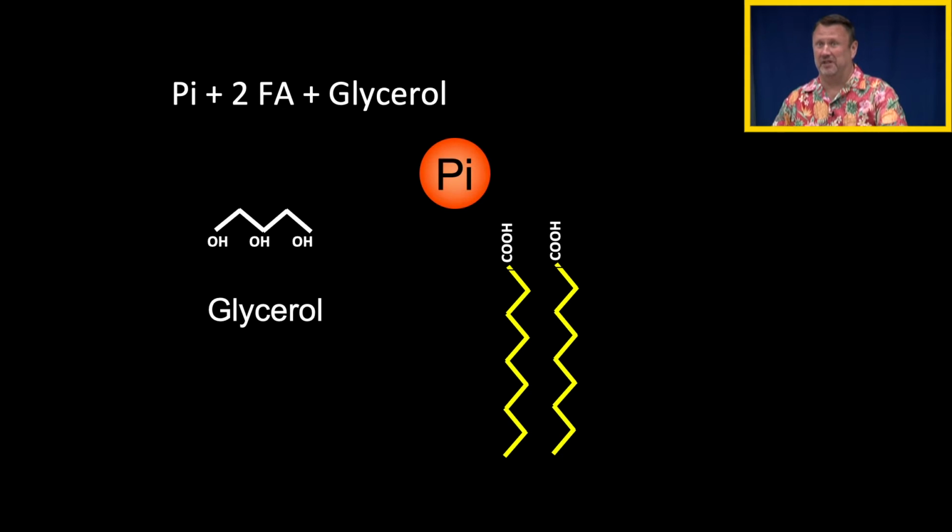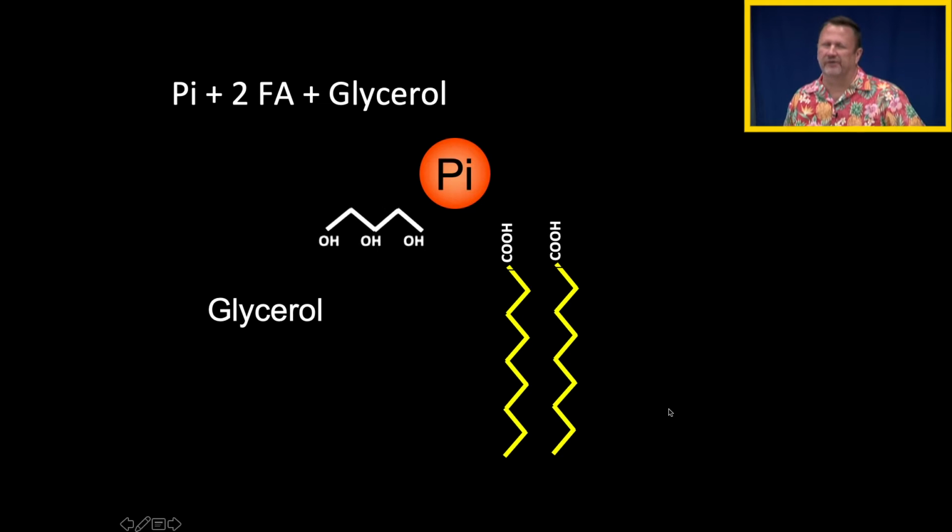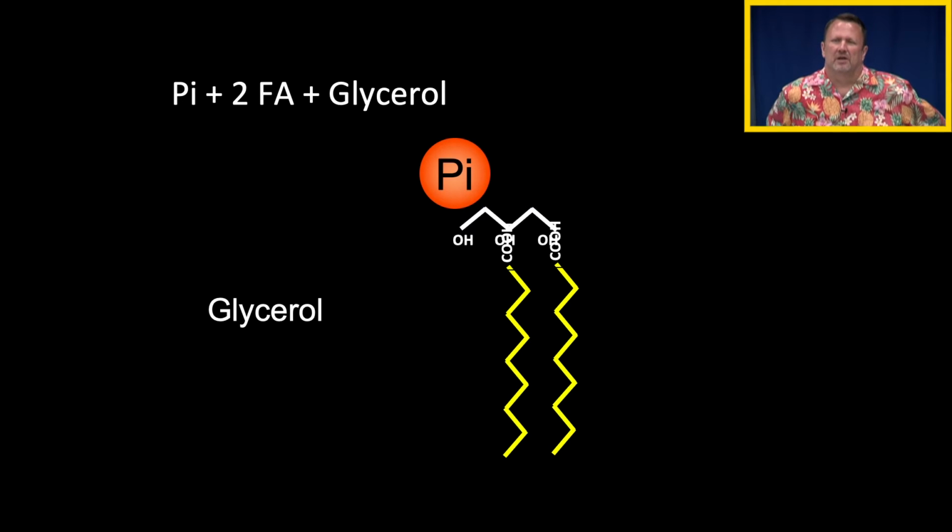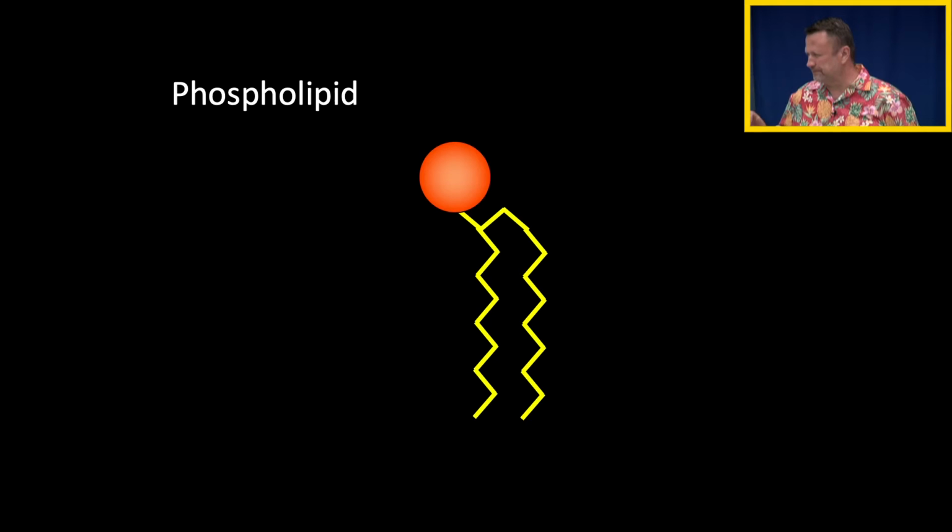So triglycerides are very similar to phospholipids, except instead of having 3 fats, a phospholipid just has 2 fats and then the phosphate on the end of it. All right, so here we've made a phospholipid. And so on a quiz is the question, what is the recipe for a phospholipid? And everybody will put phosphate and lipids, and they'll all forget about the glycerol.